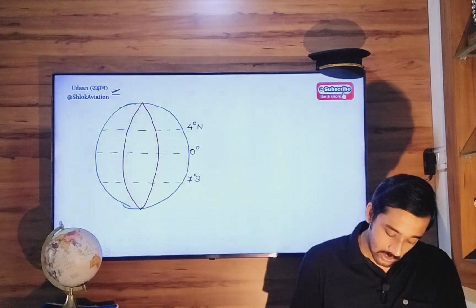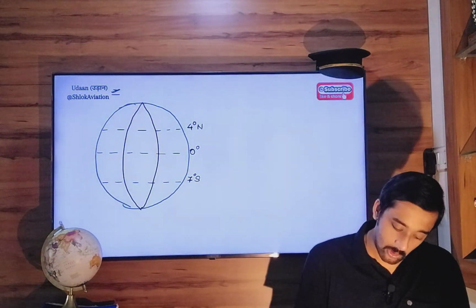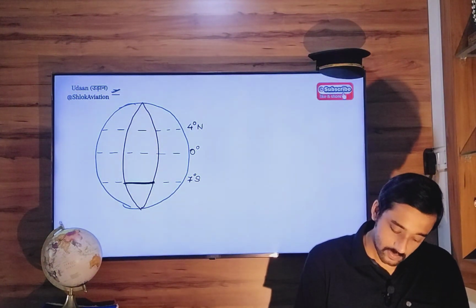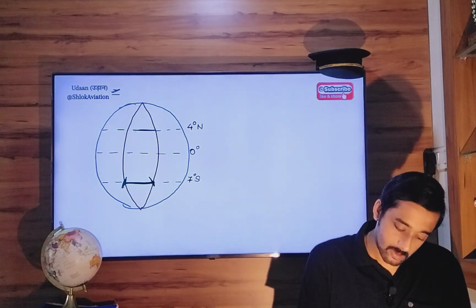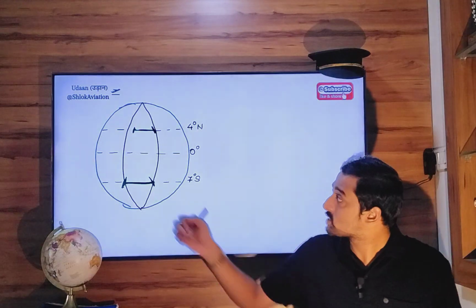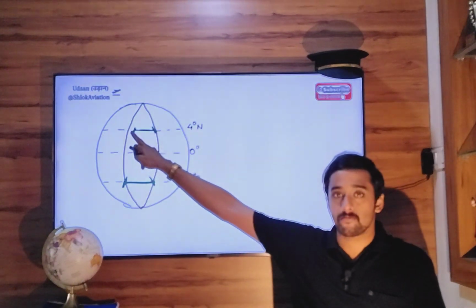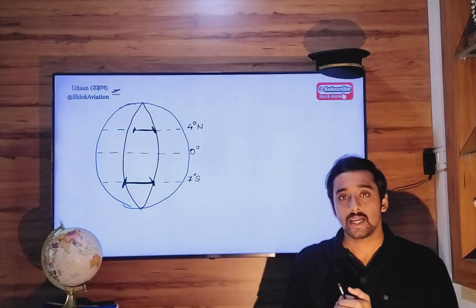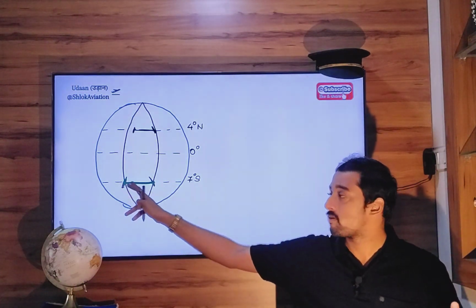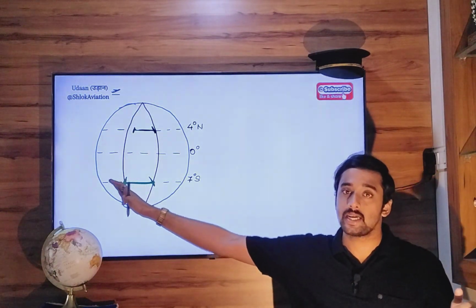If 700 nautical miles at 7 degrees south latitude is this much, at 4 degree north it will be only this much. Okay, so we have this space remaining because when convergency is more between two different longitudes, the distance between them will have to be exceeded.